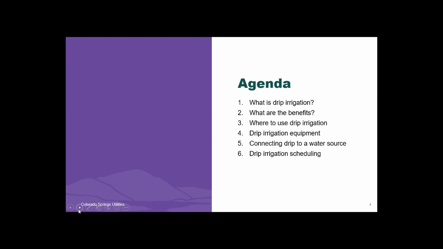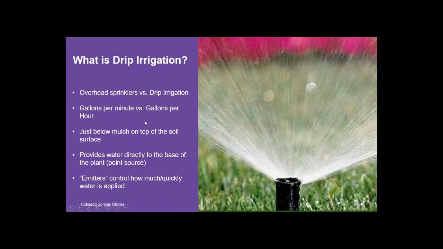We'll cover some drip irrigation equipment, how to connect drip to a water source, and drip irrigation scheduling. Within connecting drip to a water source, we'll also touch upon some of the basics of drip irrigation design. So let's go ahead and start with what is drip irrigation?